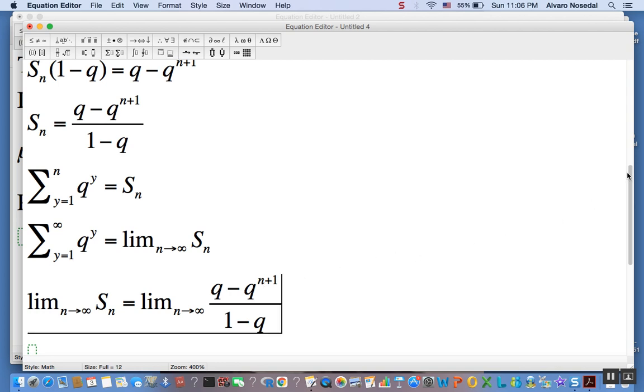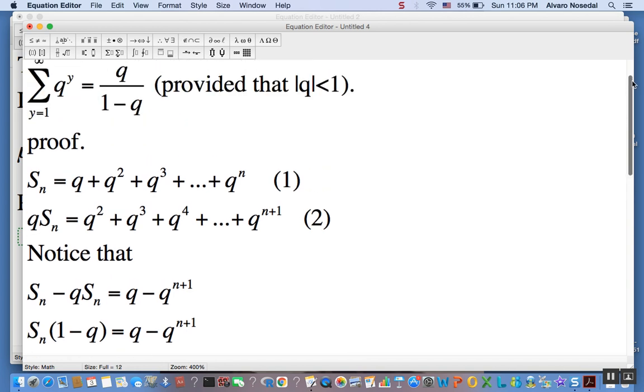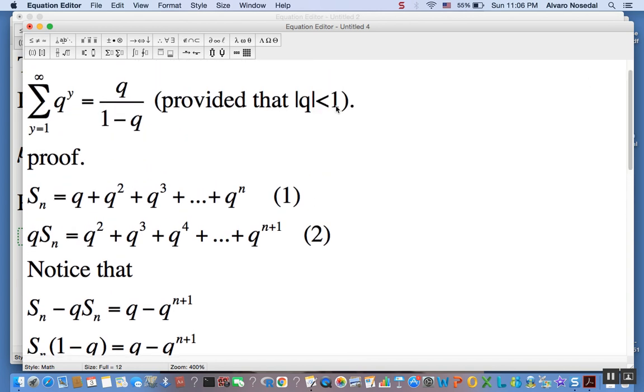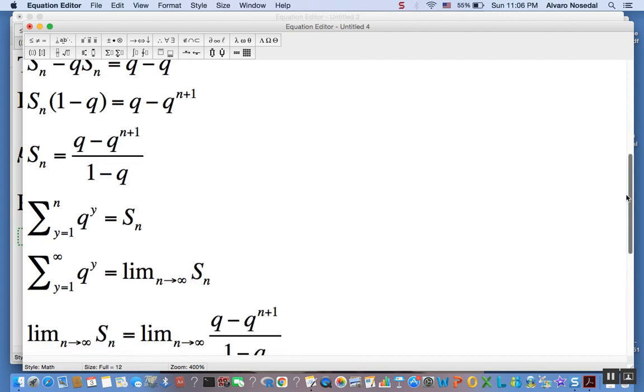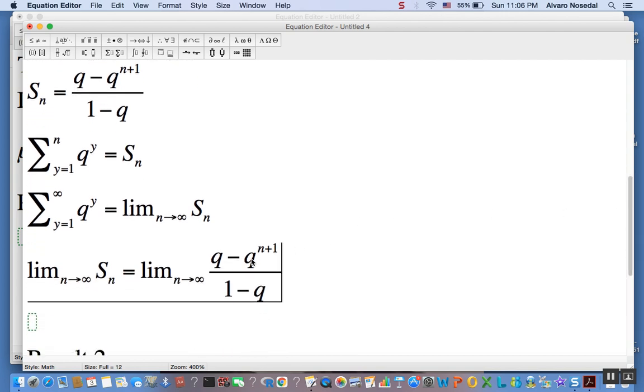But the absolute value of q is less than 1, right? So if we have a number that is less than 1 in absolute value, and you have q to the n plus 1 power, and n is going to infinity, the limit of q to the n plus 1 power will be 0. So what you end up with here will be just q, because this is going to be 0, divided by 1 minus q.